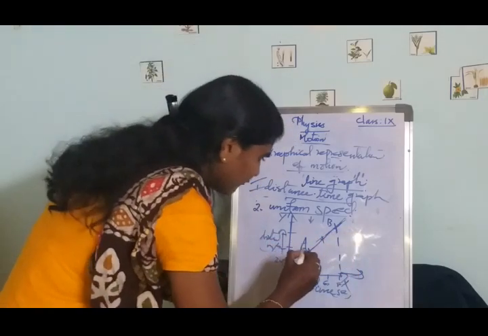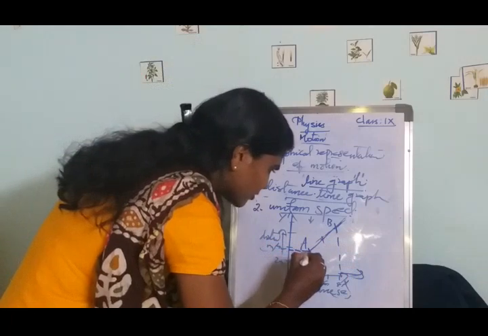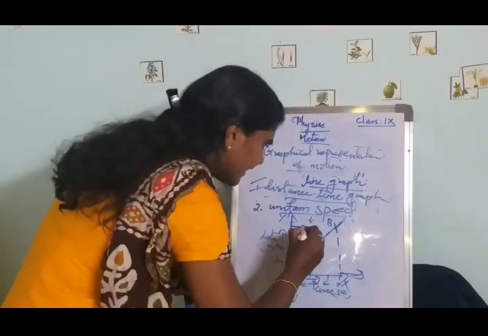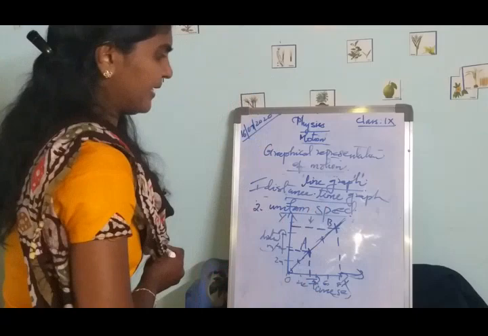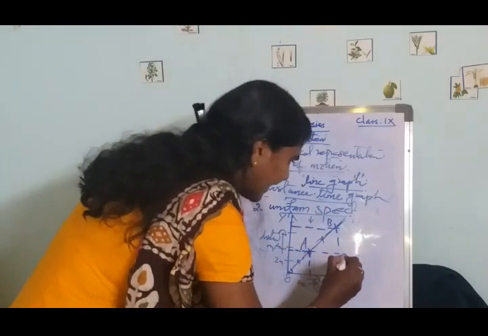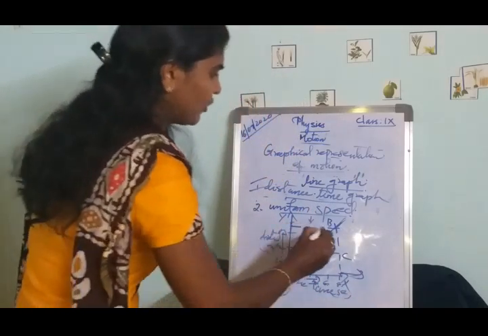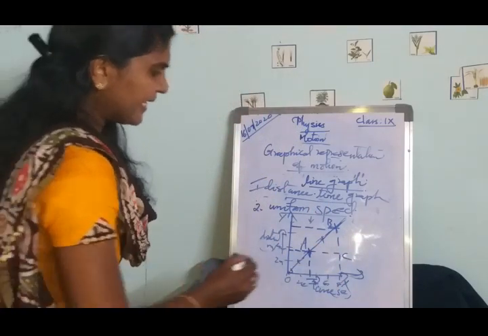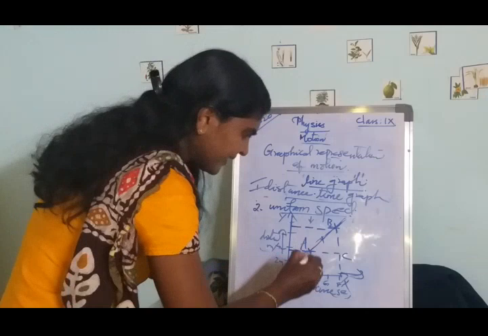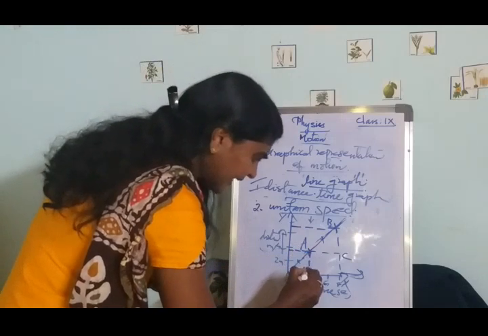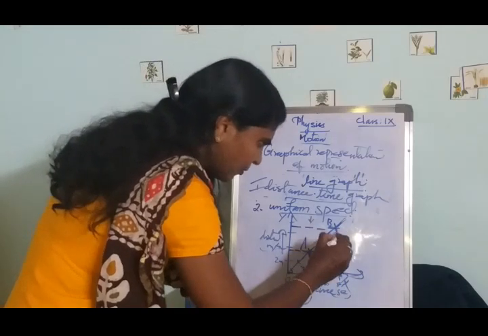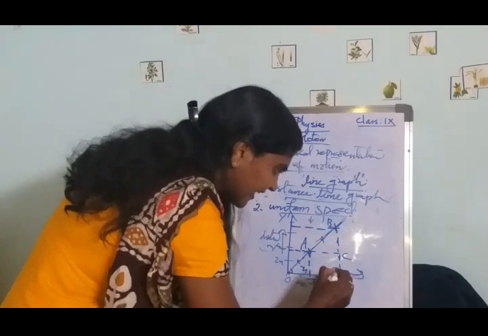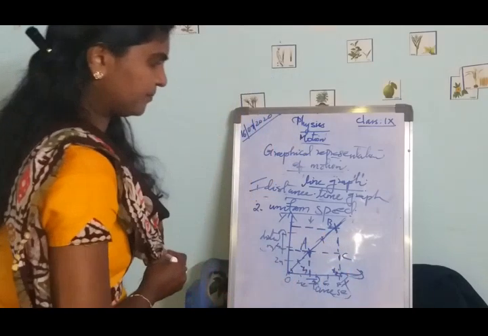Then from A towards the y-axis we also draw a perpendicular, like this. So we get a triangle ABC. Corresponding to the point A we represent the time as T1, and corresponding to the point B we represent the time as T2.